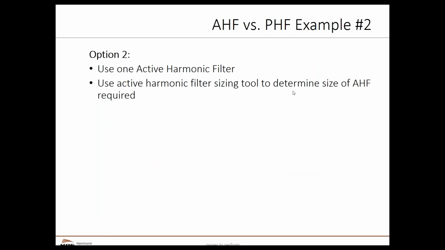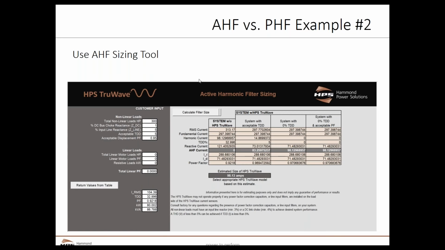So the other option is to use one active harmonic filter. And again, we use the active harmonic filter sizing tool to determine what size is required. So we have a total of 3 100 horsepower VFDs, so we enter that as 300 horsepower total nonlinear load into the spreadsheet on the top left.